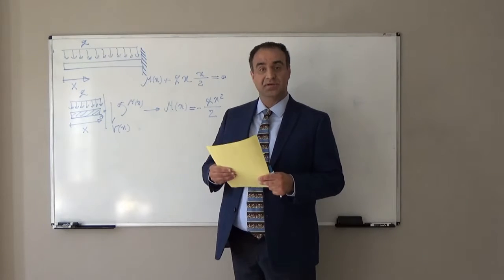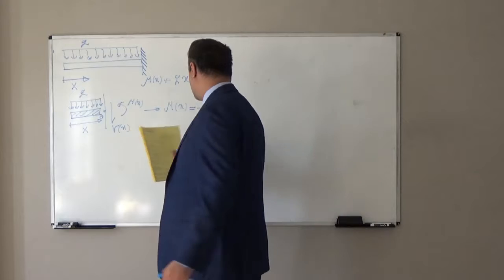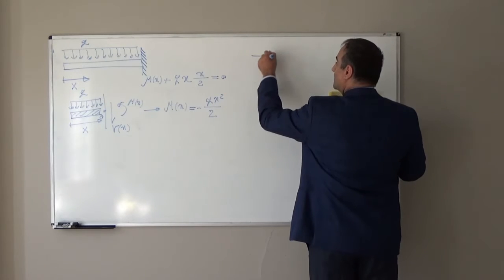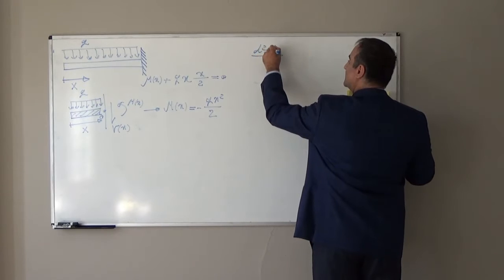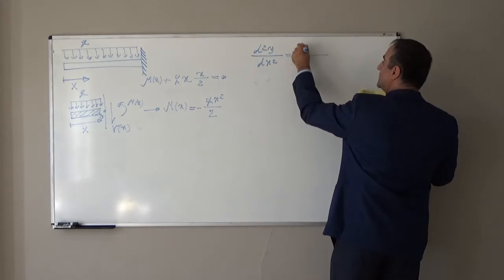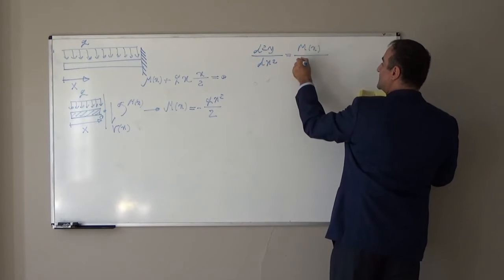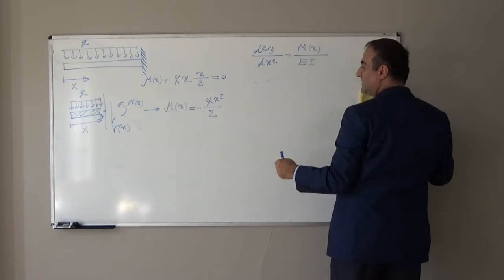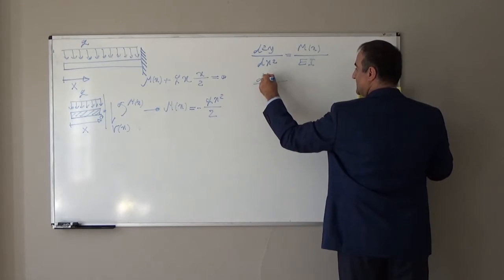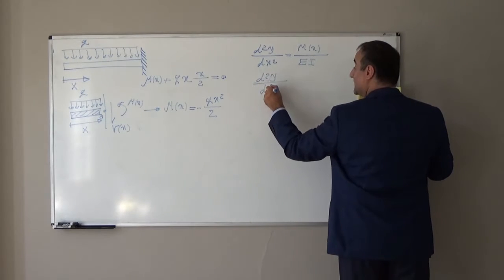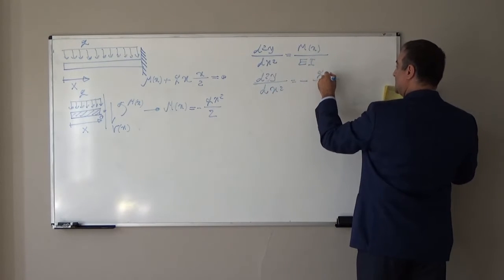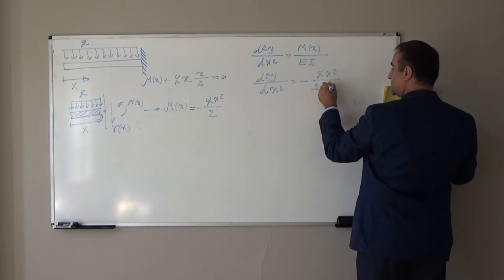Again, I will use the double integration method. So I know the second derivative of y with respect to x is equal to Mx over EI. I will plug this Mx here, so the second derivative of y with respect to x is equal to negative Qx squared over 2EI.